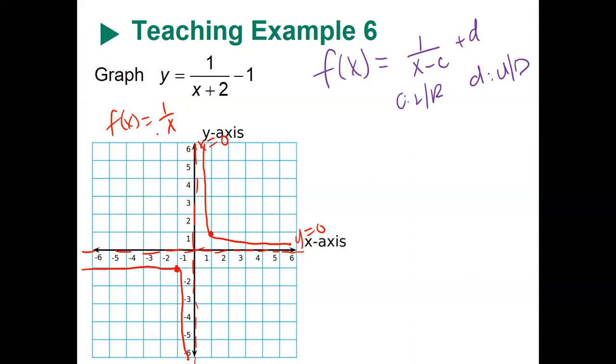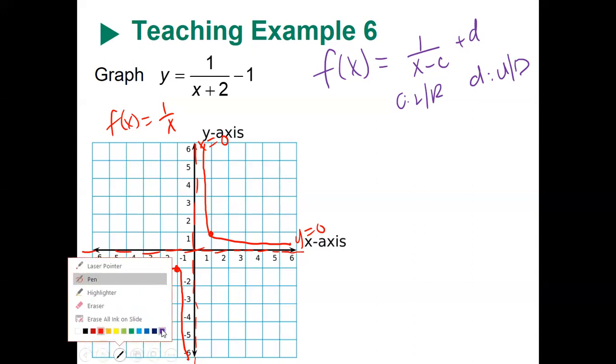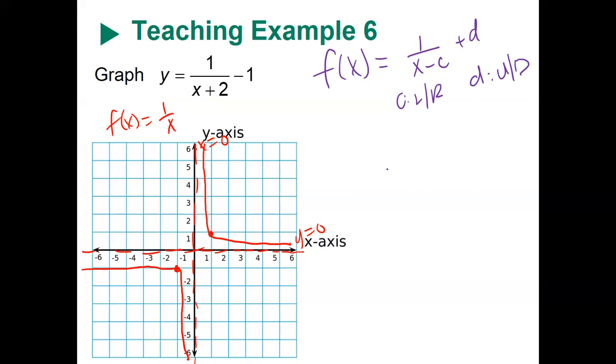Based on what we have here, what do we need to do to the parent function? We said we're moving everything to the left 2, and then moving everything down 1. So I'm taking my vertical asymptote and moving it left 2.